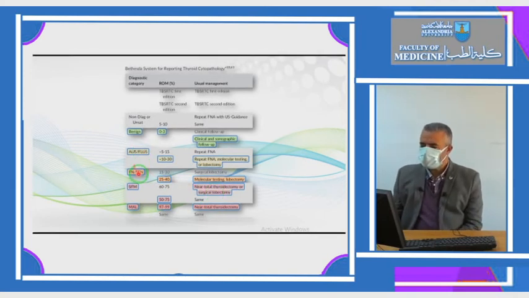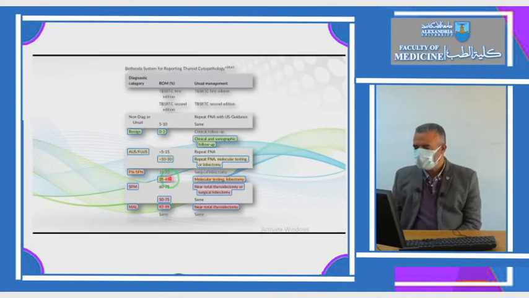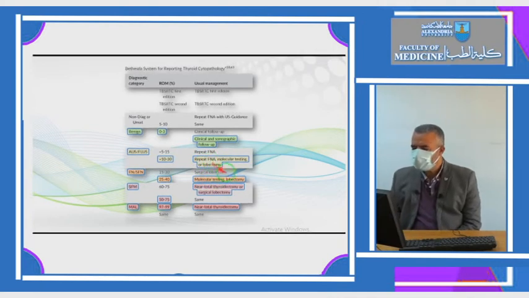While those considered indeterminate or moderate suspicion have a risk of malignancy that ranges from 10 to 40%, which may require either repetition of fine needle aspiration cytology, molecular testing, or going for lobectomy.